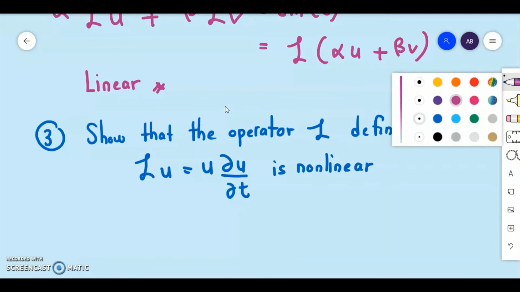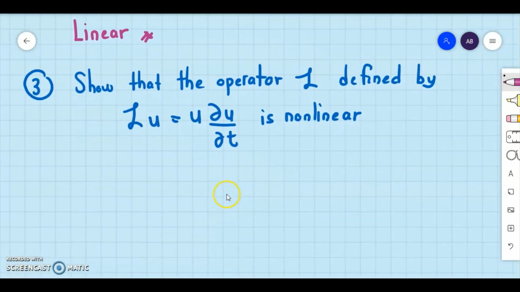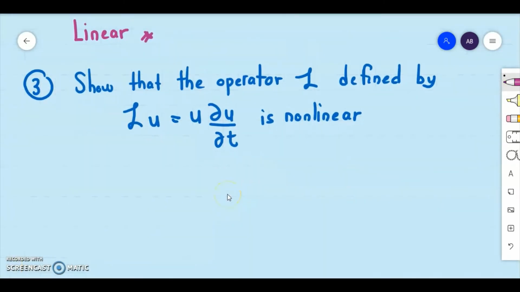So obviously this operator is nonlinear, but to show that we'll start with this side. We have operator L on alpha U, and we want to show it equals alpha LU for it to be linear. Now you don't have to worry about V because I just have one term involving T here.